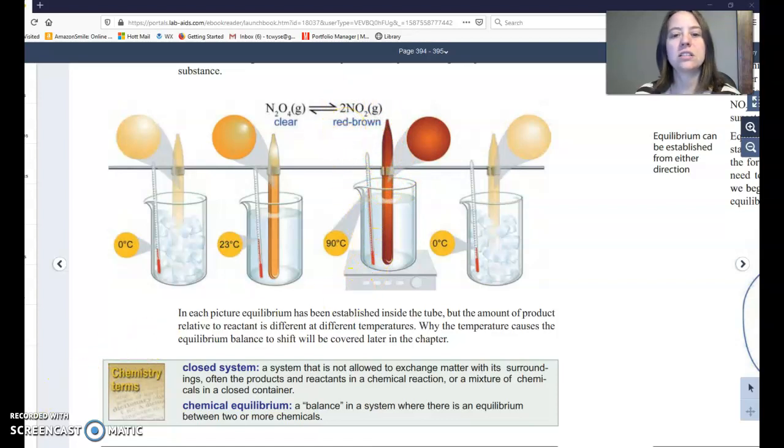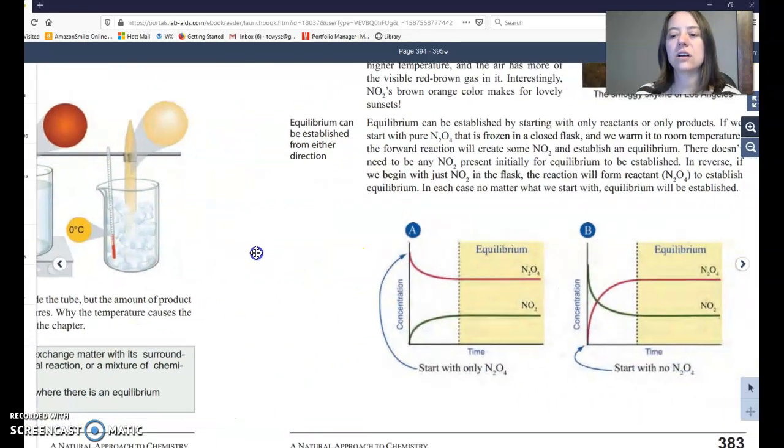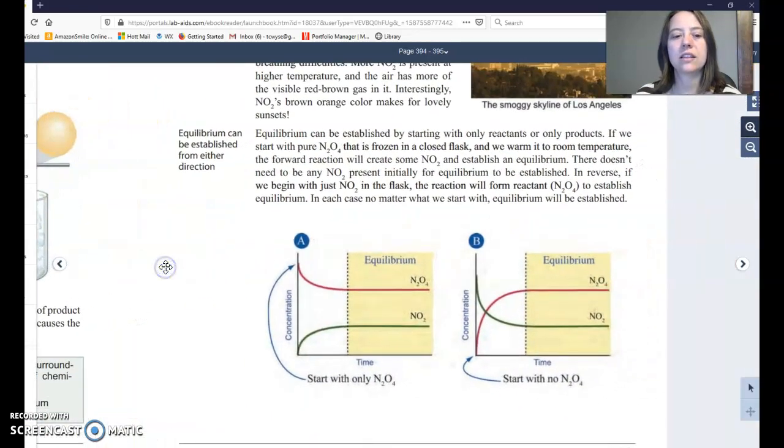So my question is, does increasing the temperature favor the forward reaction or the reverse reaction? If you said the forward reaction, you would be correct. It favors the products. Let's take a look at this diagram to see what's going on.